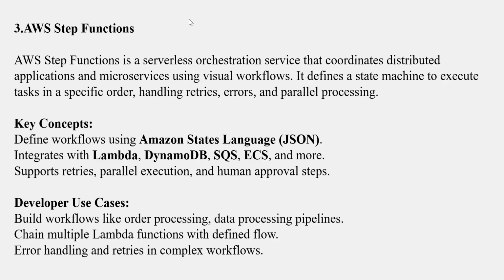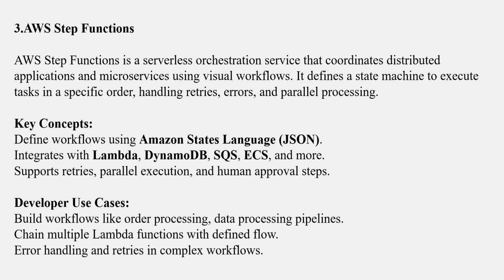applications. AWS Step Functions is a serverless orchestration service that coordinates distributed applications and microservices using visual workflows. It defines a state machine to execute tasks in a specific order, handling retries, errors, and parallel processing.